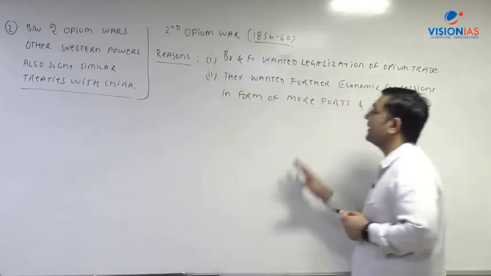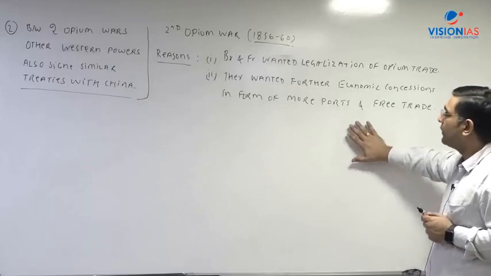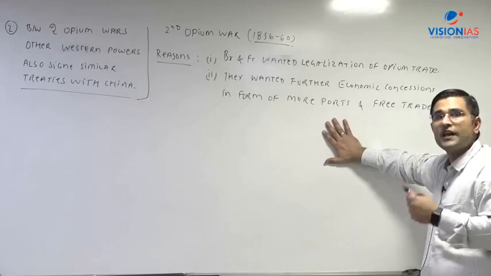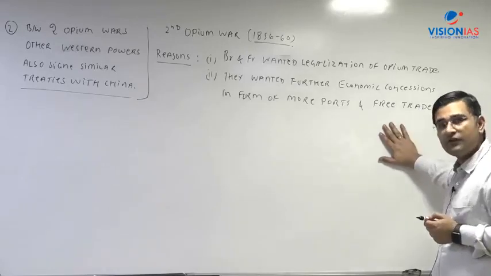The second aspect was that they wanted economic benefits, further economic concessions in the form of more ports. They wanted more Chinese ports opened up, plus free trade as well.